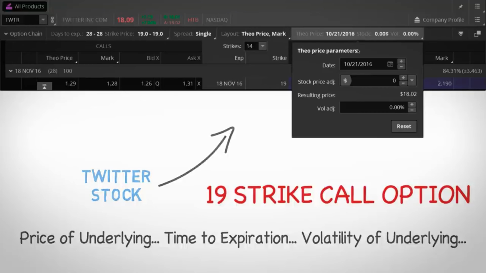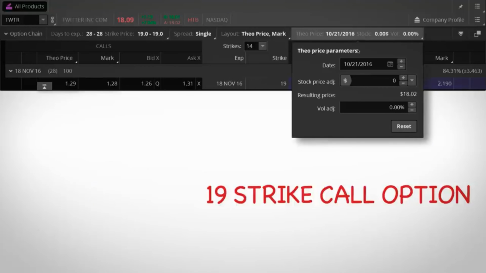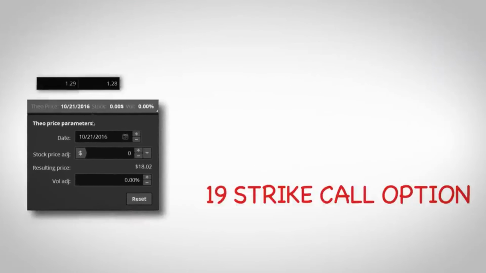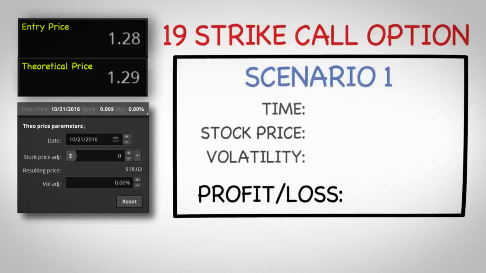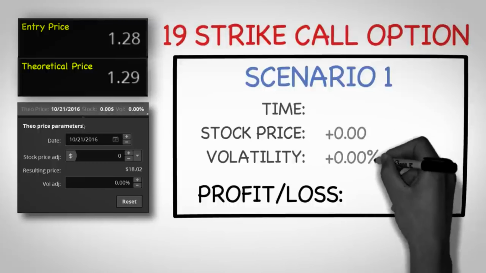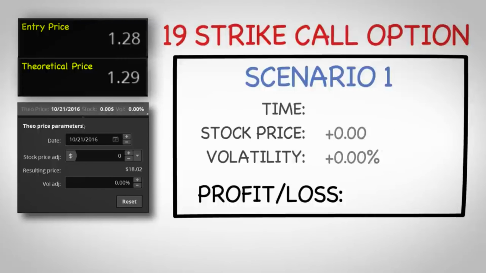So first, we're going to look at these factors individually. You learned that all out-of-the-money options will be worthless at the expiration date. So for our very first scenario, let's say the stock doesn't move and implied volatility doesn't change. The only thing that happens is time passes. So the only thing we're going to change is this date that you see here.